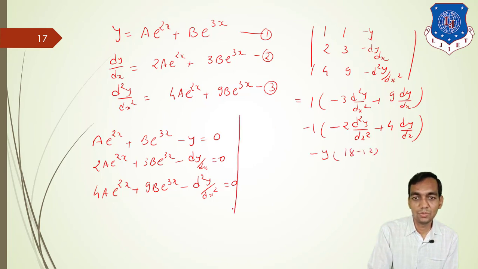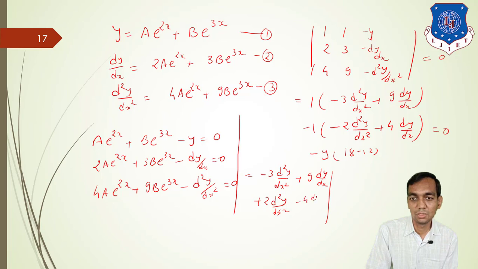And if you simplify this, then you will have minus 3 d square y by dx square plus 9 dy by dx plus 2 d square y by dx square, this is equal to 0, and this is equal to minus 4 dy by dx minus 6y is equal to 0.